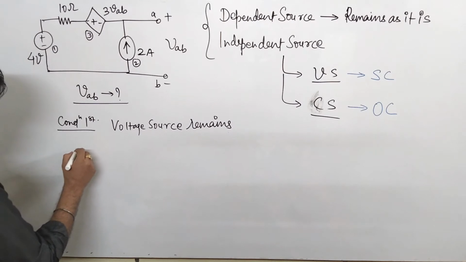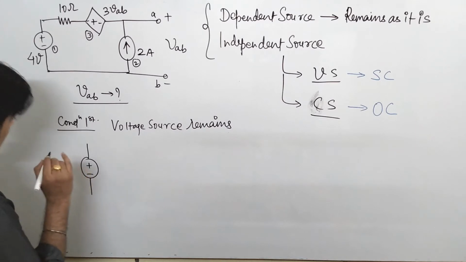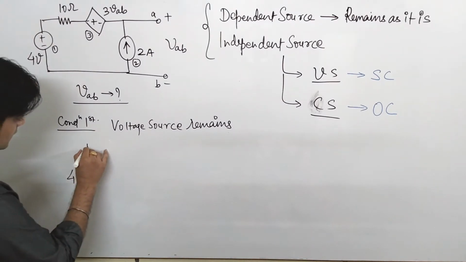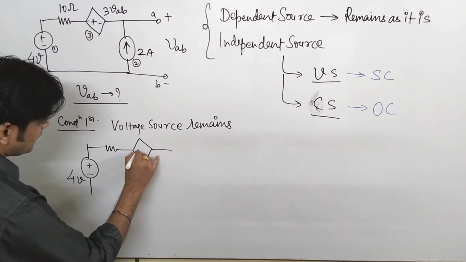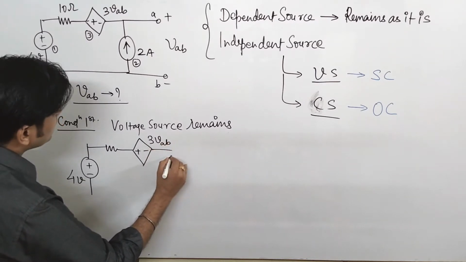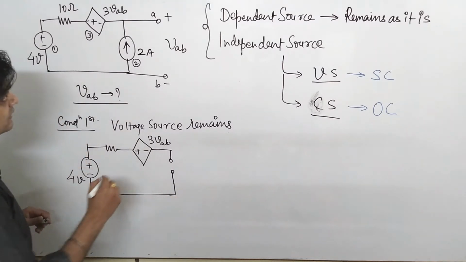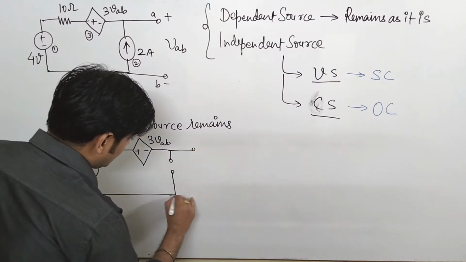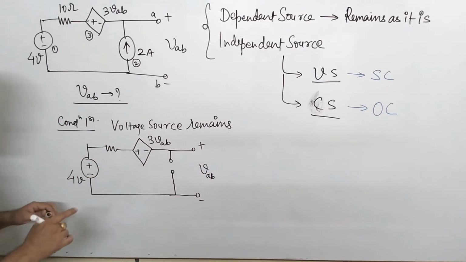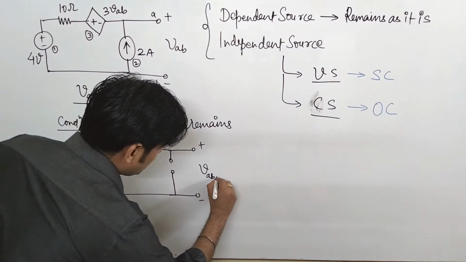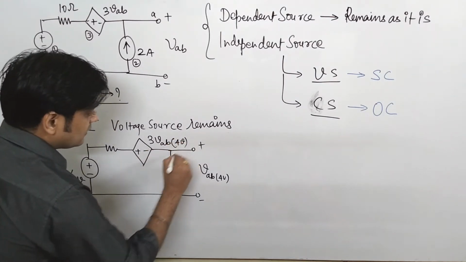So in this condition, this is your 4 volt source, this is the 10 ohm resistance, this is your VAB plus minus 3 VAB, and the current source gets turned off, or becomes an open circuit. As I said, the current source gets open circuited, and here it is VAB. This VAB is because of the presence of the voltage source, so I write it here as VAB due to 4V.